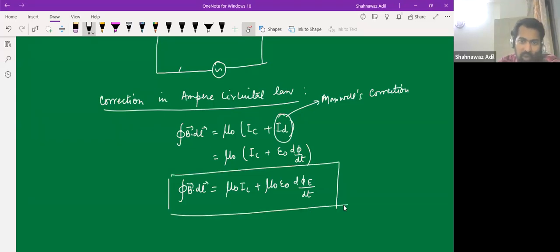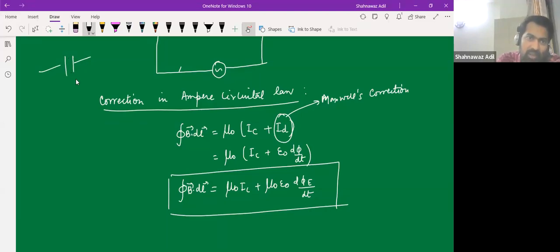Yes, sir. Again, why didn't we just learn this directly? Why did we have to learn the previous one? Just learn the corrected one, right? Because in the third chapter you will see that we didn't study the idea of displacement current, so we didn't need this current inside the capacitor.